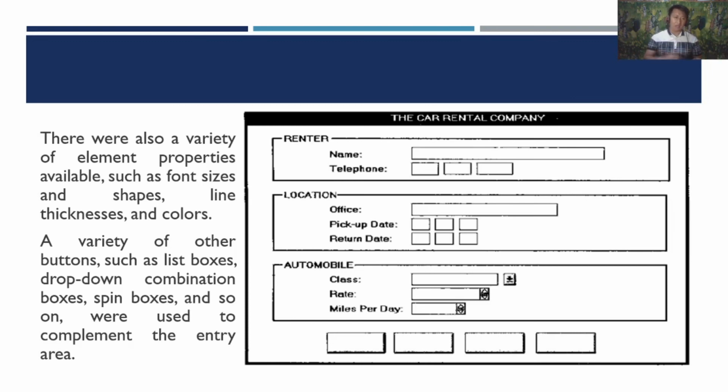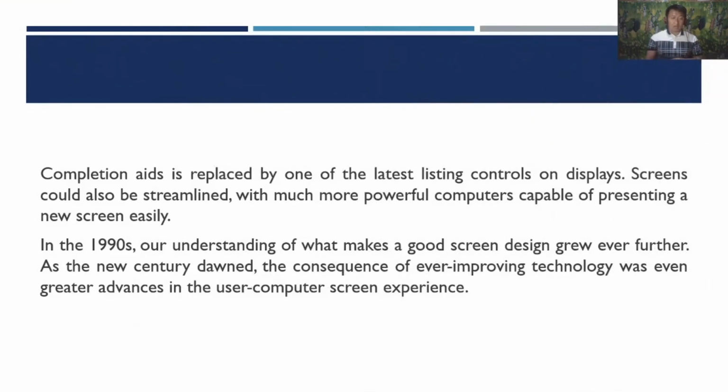Until such time that we have the kind of interface that makes us happy. Completion aids were replaced by one of the latest listing controls on the display screen, and could also be streamlined with much more powerful computers capable of presenting a new screen easily.